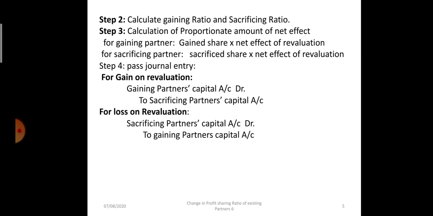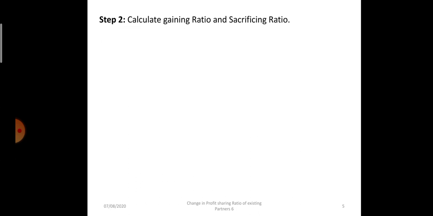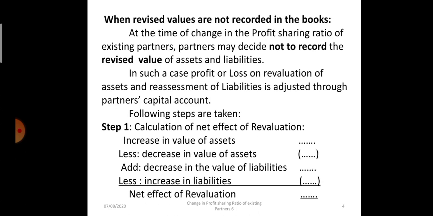Okay, all of you, again I am repeating all the steps. First step is we will calculate the net effect of revaluation. Increase in the value of assets and decrease in the value of liabilities will be added, whereas decrease in the value of assets and increase in the value of liabilities will be deducted.